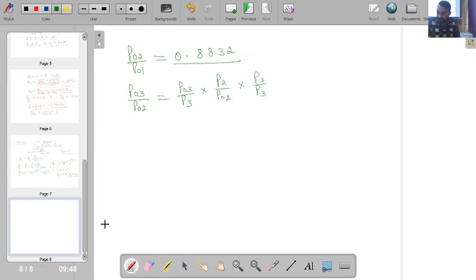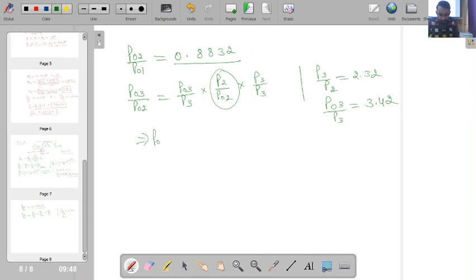So if you see over here, we have already calculated P3 by P2 as nothing but 2.32 in problem number 1, and then P naught 3 by P3 comes out to be 3.42. This we have already calculated. So what I will get from here is that P naught 3 by P naught 2 comes out to be 0.9334. Is this point clear?